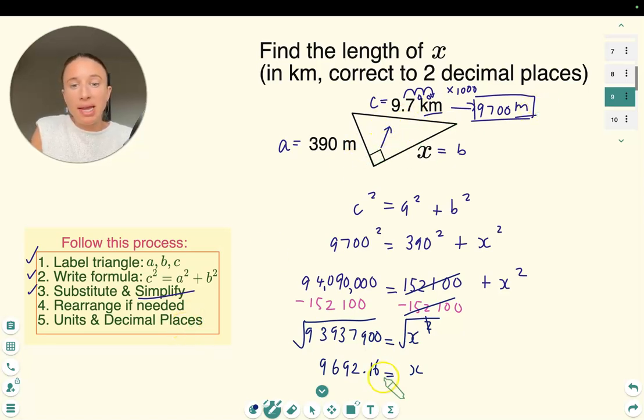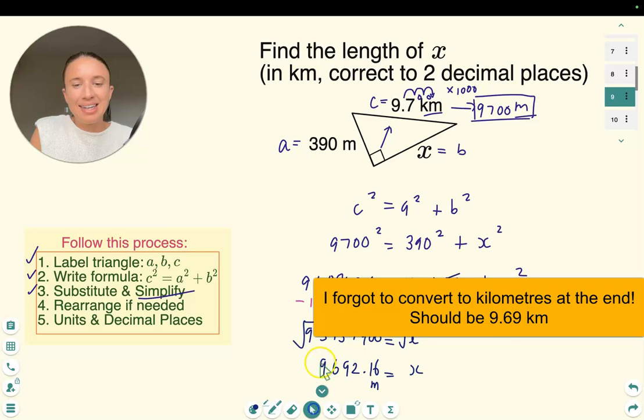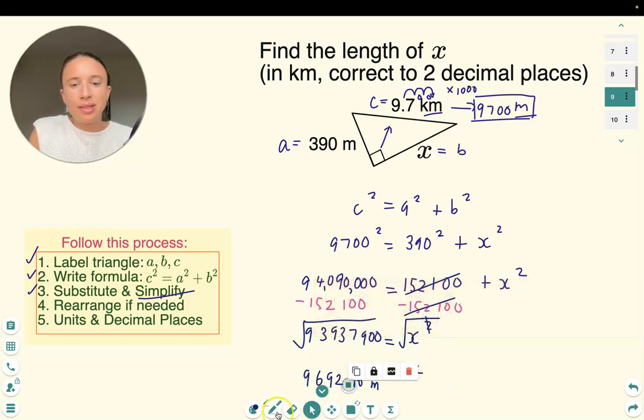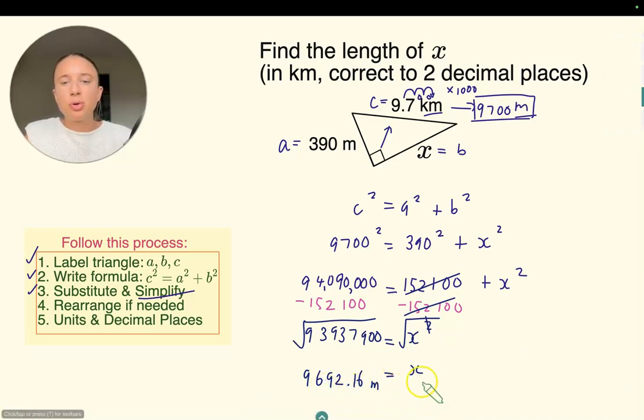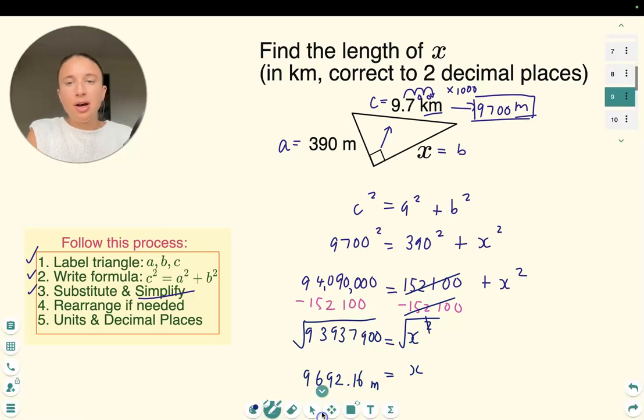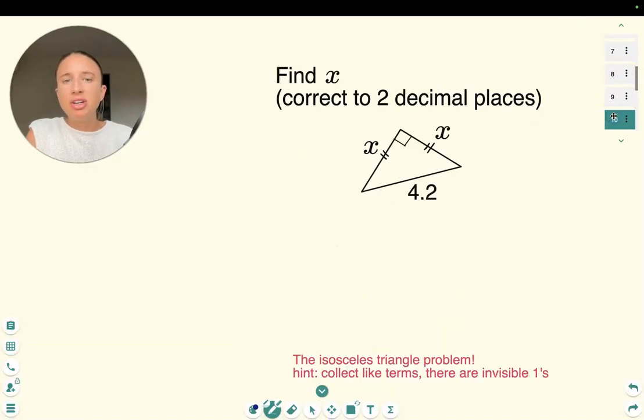Units, we plugged in meters, so we should get out meters. Did I do that right? Yes. 9,692.16 meters.